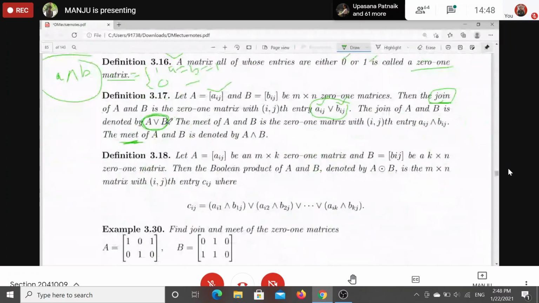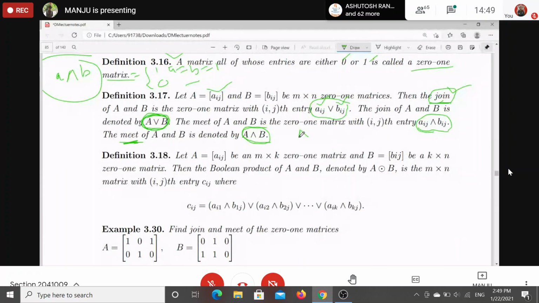So this is the join of matrices A and B, and this is the meet of matrices A and B, and in meet you take the conjunction of the ijth elements. Clear? Ma'am, what is the meaning of meet? Join is the disjunction. Meet is not multiplication; it is again a Boolean operator denoted by conjunction.